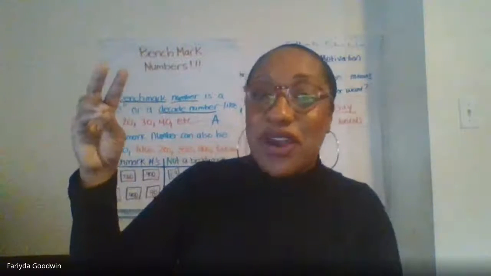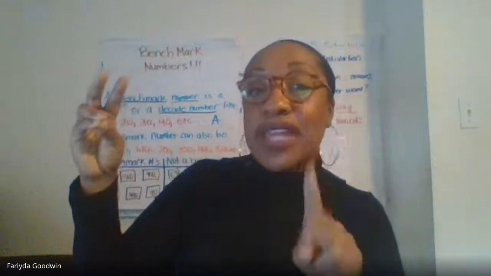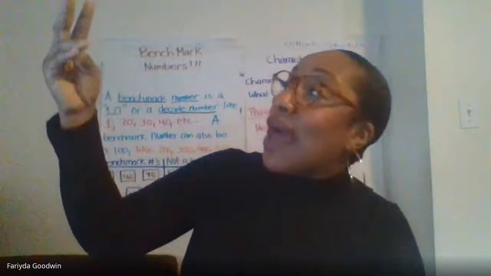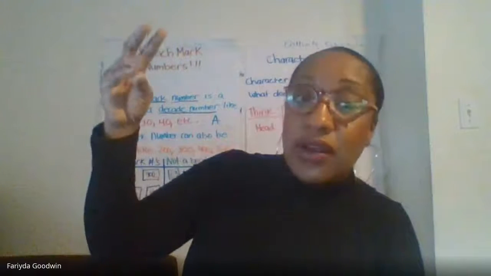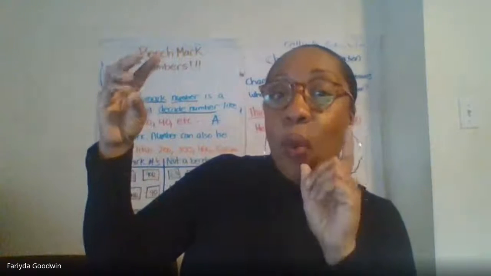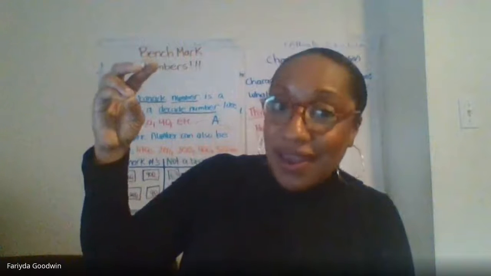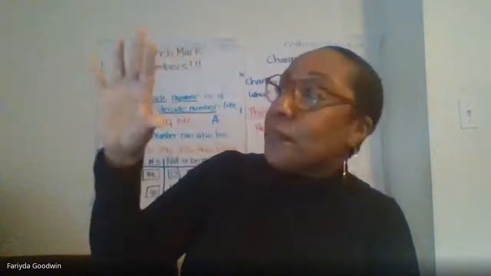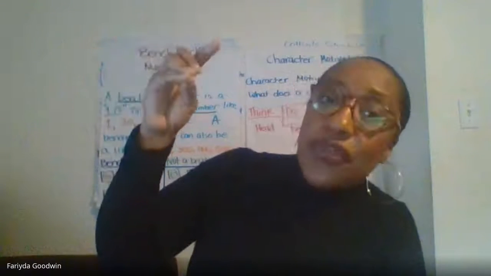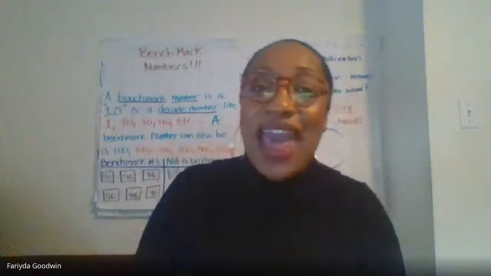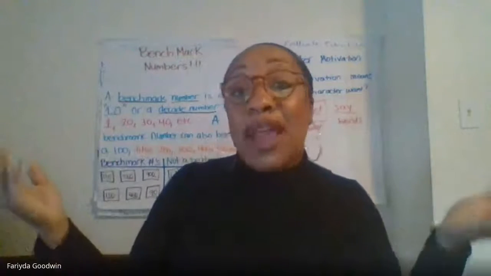Remember, I showed you that from the chart? It's a digraph. So it's two letters that come together to make one sound. So I'm using my two fingers, and that will represent that one sound from those two letters, which is TH. So let's try it again. B, a, bath. Okay?